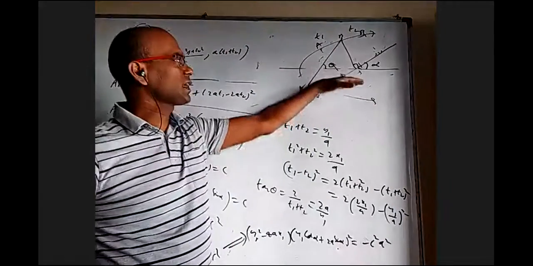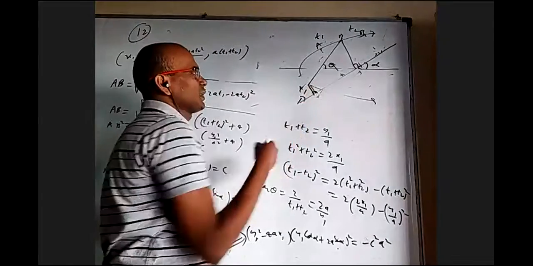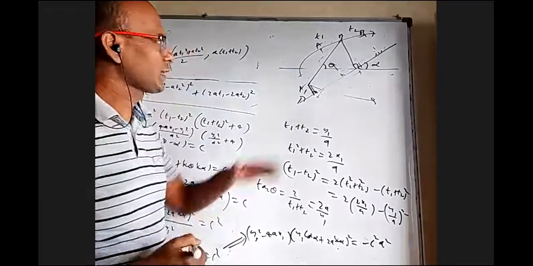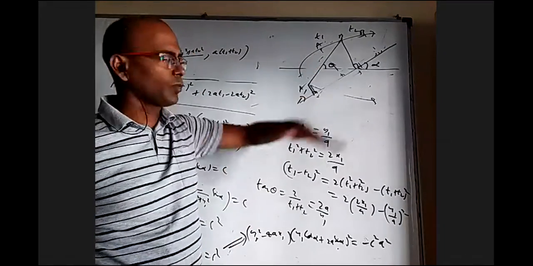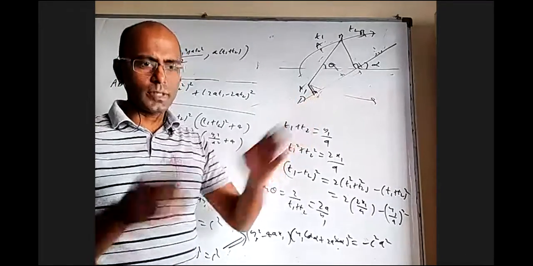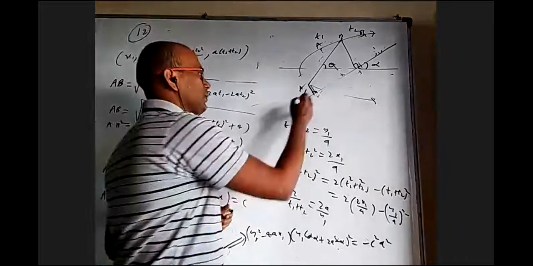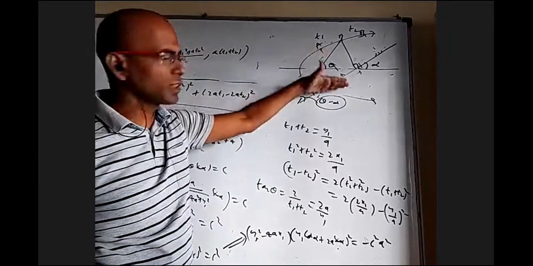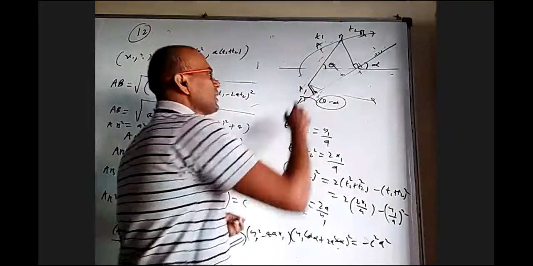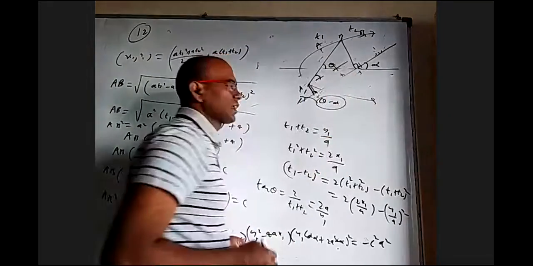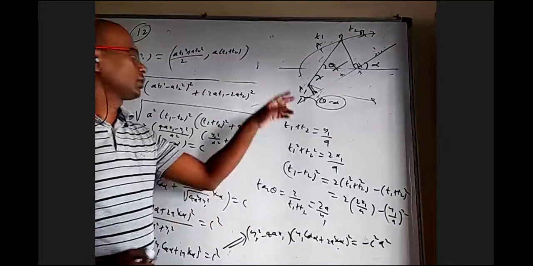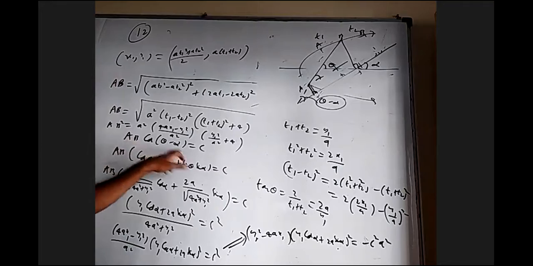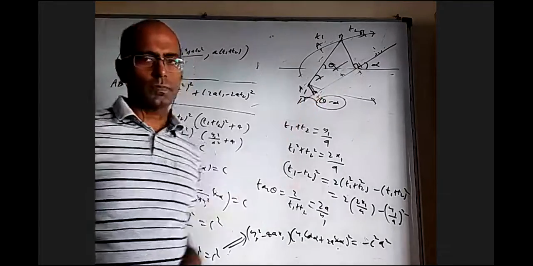If this is theta, this is alpha, the angle between these two will be theta minus alpha. The angle between this line and this line. One is making alpha, one is making theta, means angle between the two lines is theta minus alpha. So the projection of this on this will be AB into cos of this angle, which is theta minus alpha. So AB cos(theta minus alpha) should be equal to C.